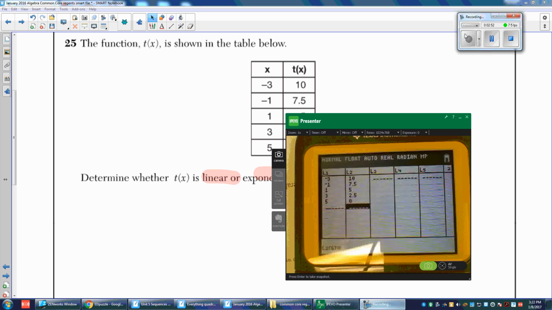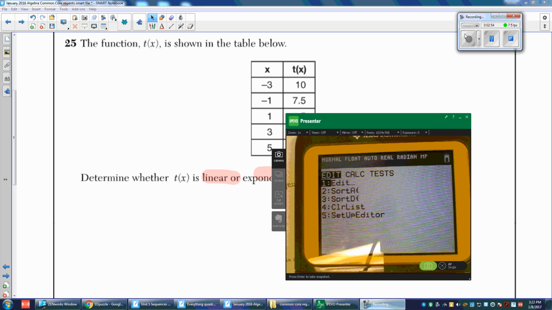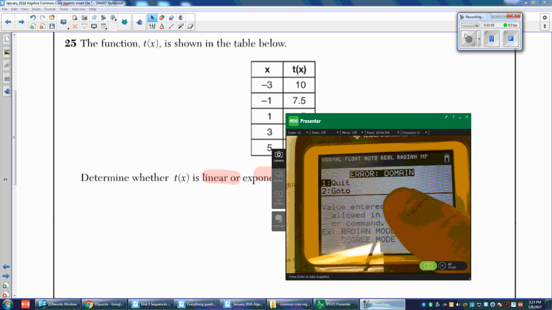Again, we enter in the data, it's already there. Instead of doing the calc for linear, we go all the way down to choice 0, which is exponential. We calculate, and it gives us a domain error. What does that mean?